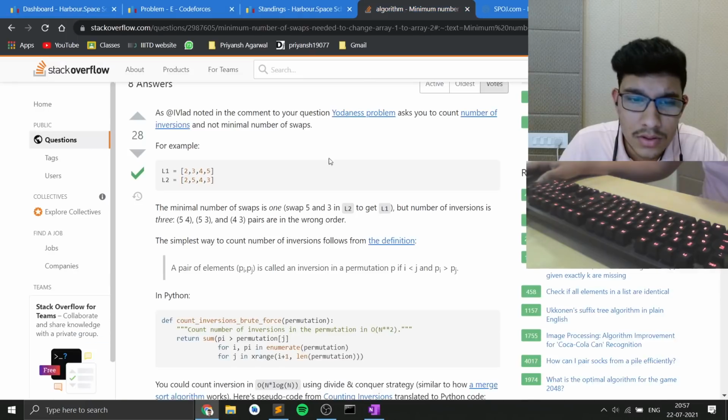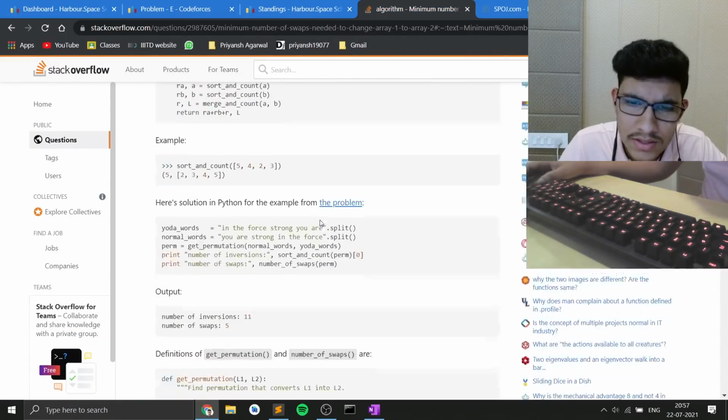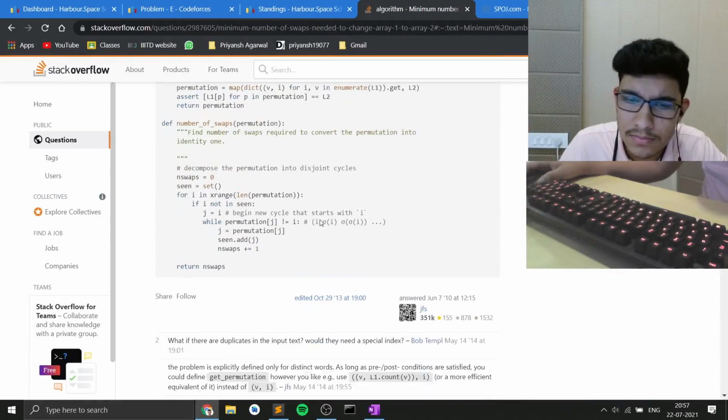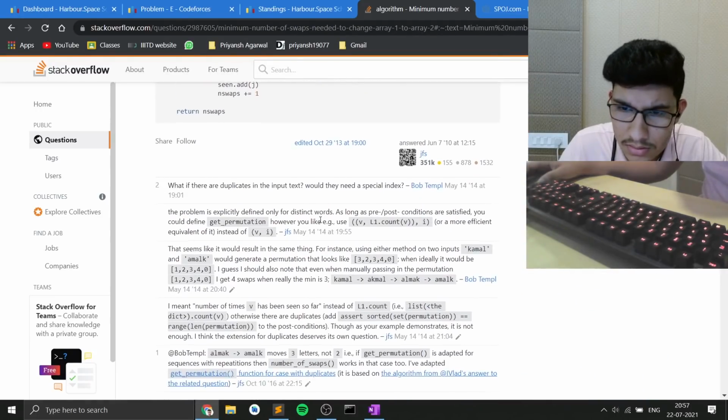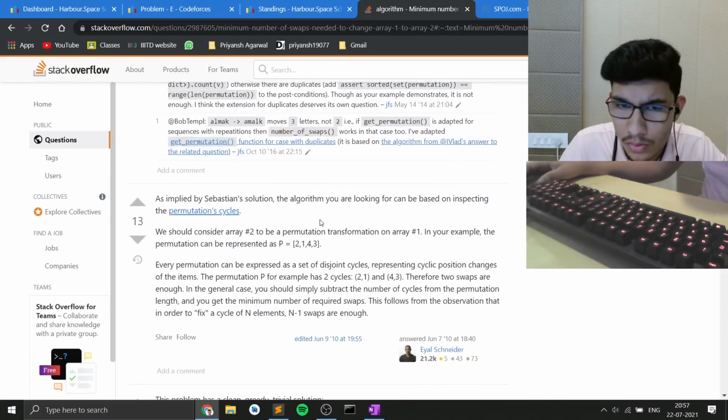Okay, but are we only allowed adjacent swaps in this one? For adjacent swaps, the answer is obviously the number of inversions. But here we can swap any two elements.